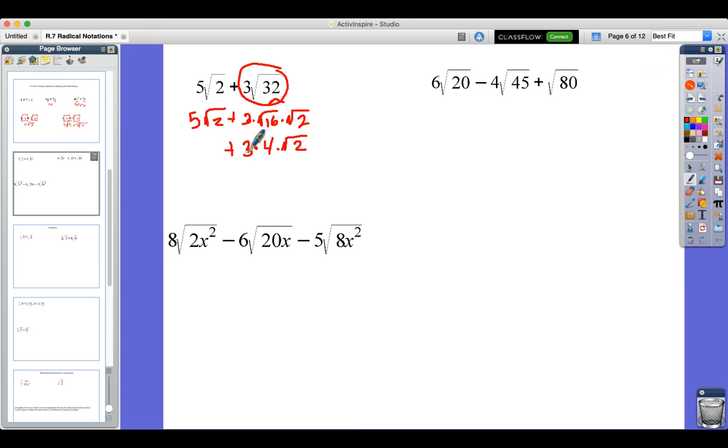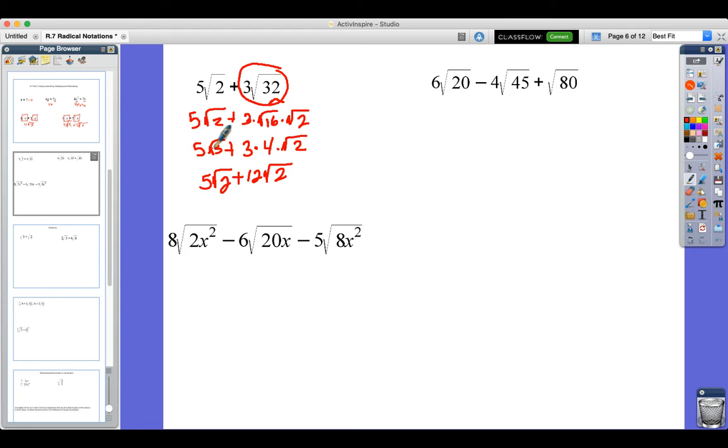The square root of 16 is 4, so you can multiply those two numbers and get 12 radical 2. The 5 radical 2 comes all the way down. Now we have 5 radical 2 plus 12 radical 2. What does that give us? That adds up to 17 radical 2.